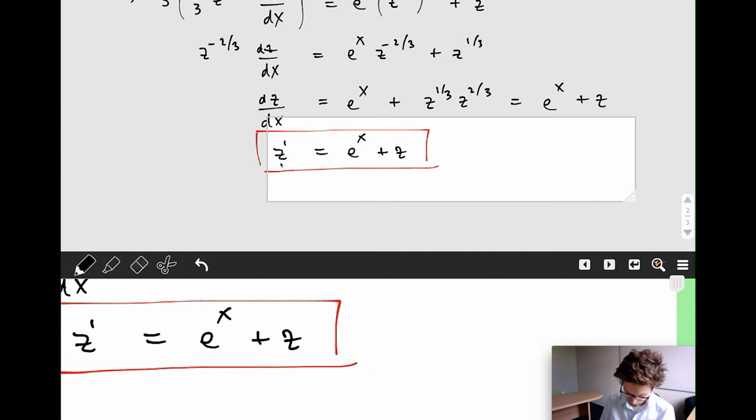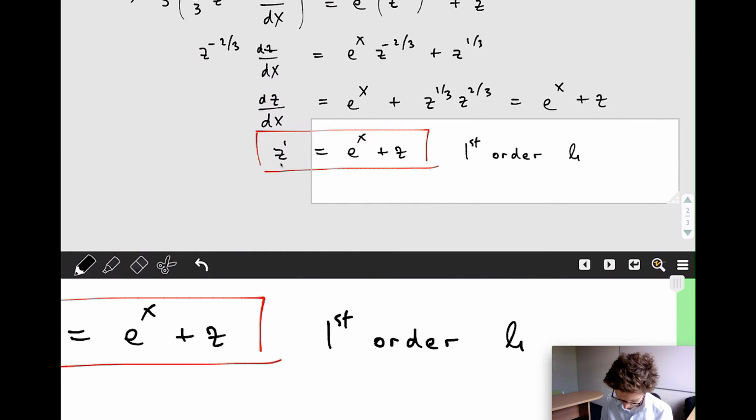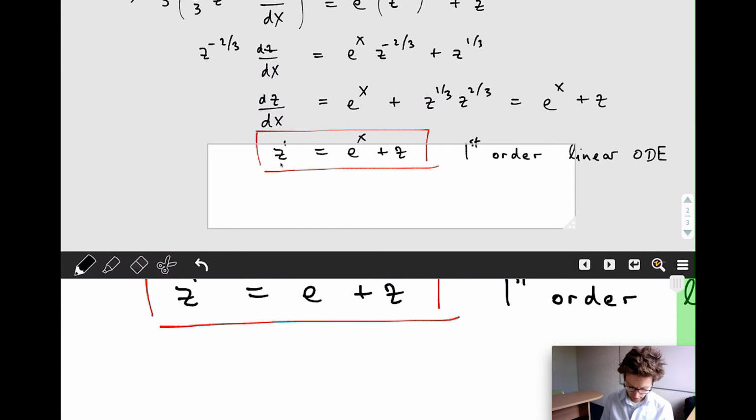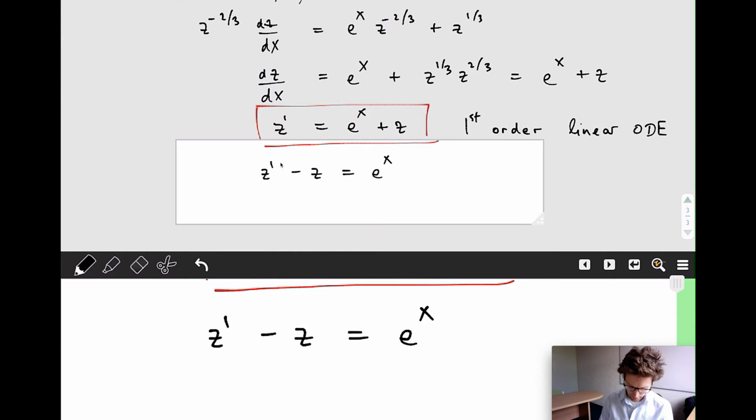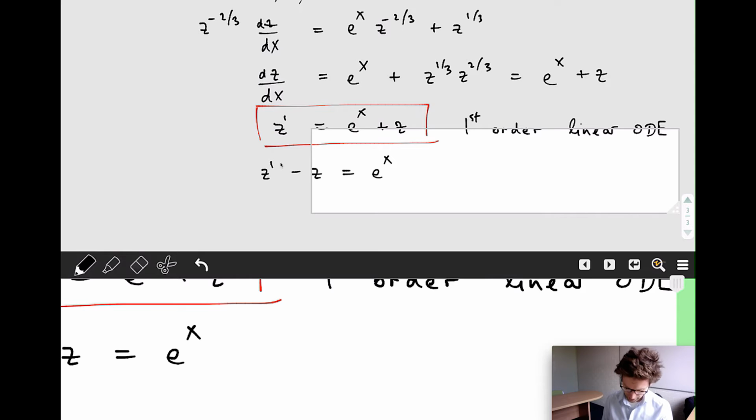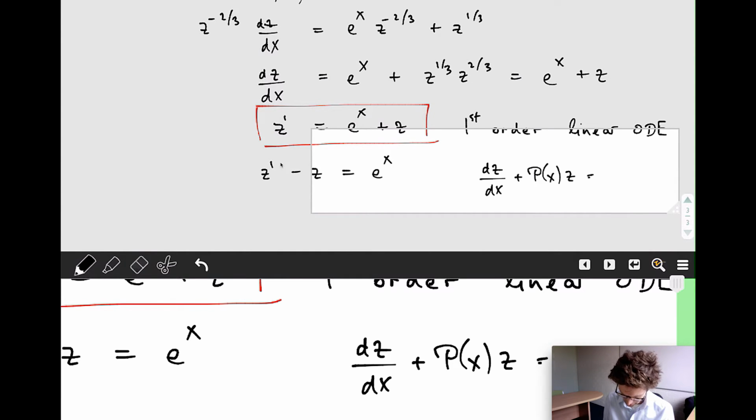So this is a first order linear ODE. If I rewrite this, I can write it as z prime minus z equal to e to the x. And if I compare that with my standard first order linear ODE, I have dz dx plus p of x times z is equal to q of x.